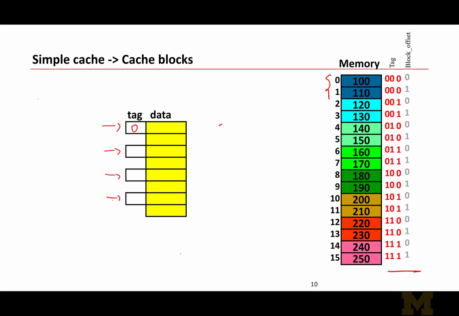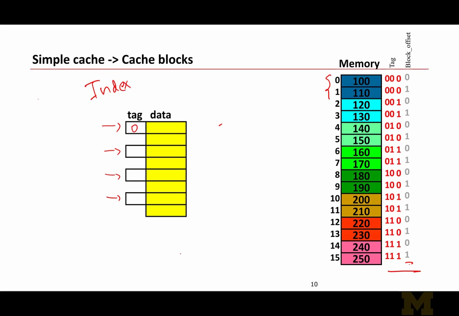Well, maybe I can think about this cache like an index structure, similar to how you think about an array and how you use an index to access an array. You can maybe think about this cache as an array with 4 elements. And you will want to use an index to determine which element in the array you want to use. So how do I create this index? Well, obviously it has to come from the address, because the address is what you're trying to access.